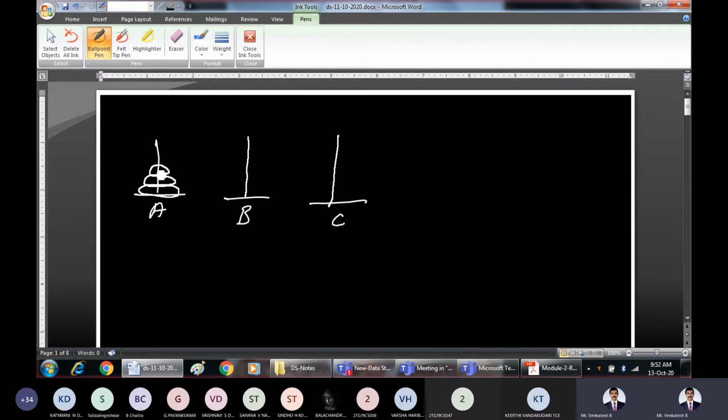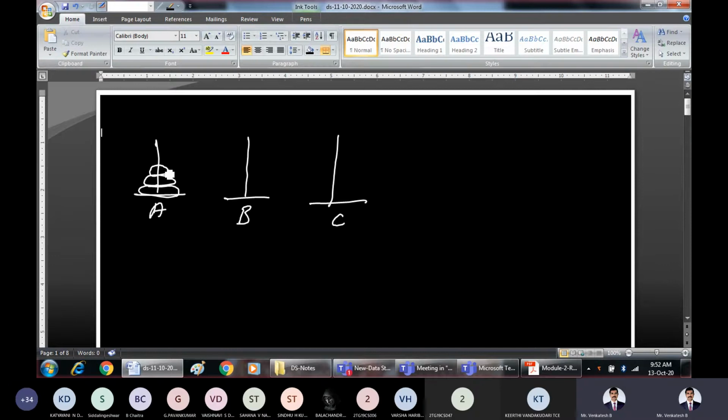That means if you want, you can take it and move it either here or here. You are not supposed to take out two disks at a time. That is not permitted. Say for example, if you want, you can take this and move it here. That is permitted.